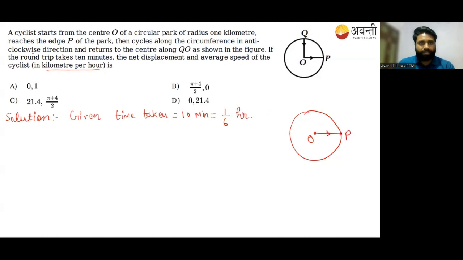Then it says the cyclist moves along the circumference in anti-clockwise direction, which means it has to move in this direction, this way. Here it reaches the point Q and then it moves along QO. So this is the path of it. And the time to cover this round trip is 1 by 6 hour. So firstly, what we are going to do is calculate the net displacement.